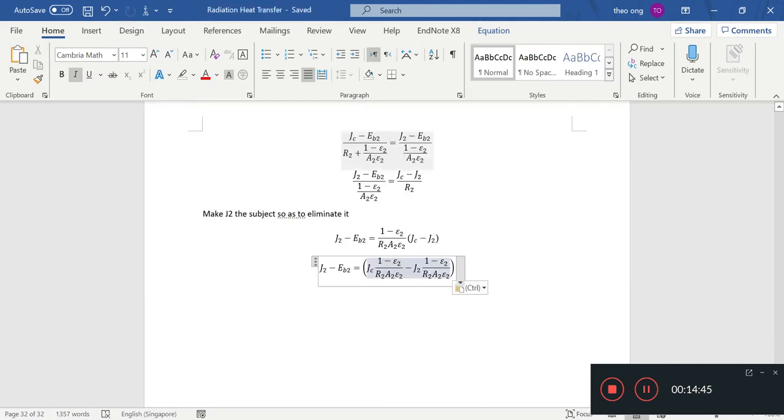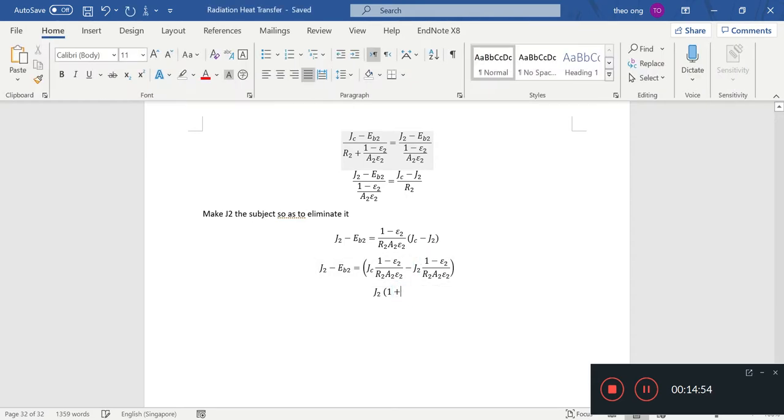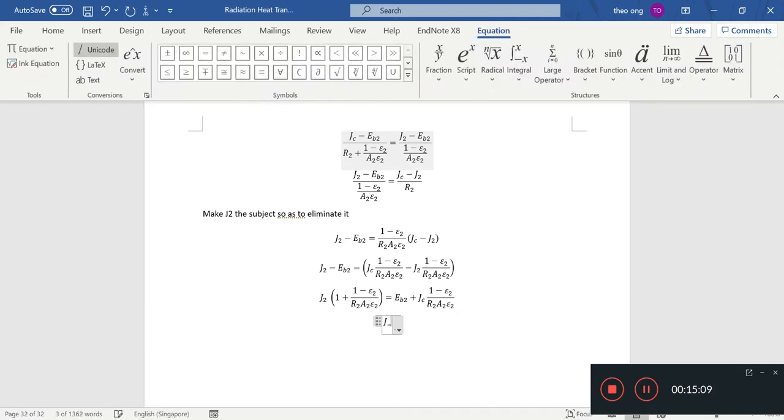Then I want to move it over: J2 times 1 plus whatever this junk is here equals, I'm going to shift this over, plus this over here. Alright, so we'll have an expression for J2 very quickly. We'll just have all of this on top and all of this at the bottom.